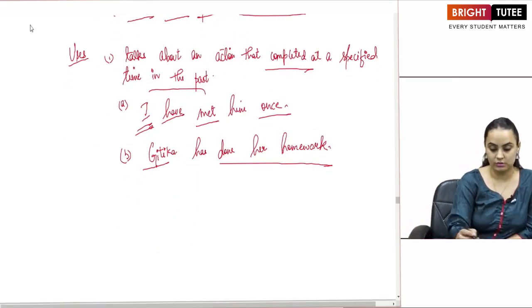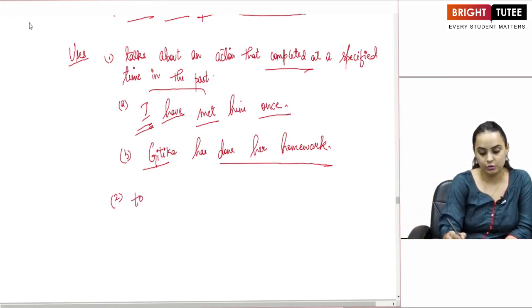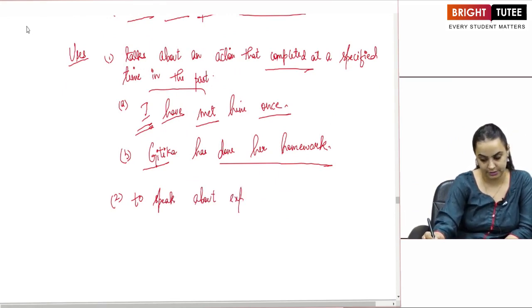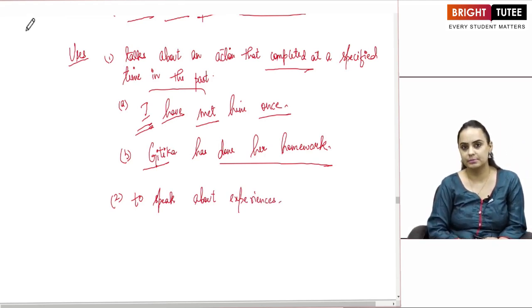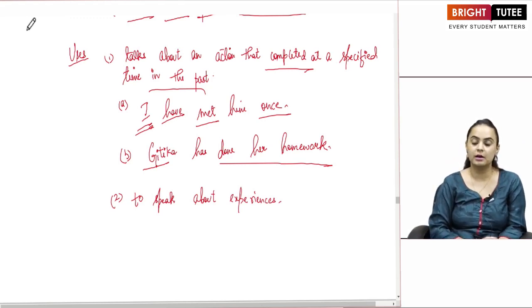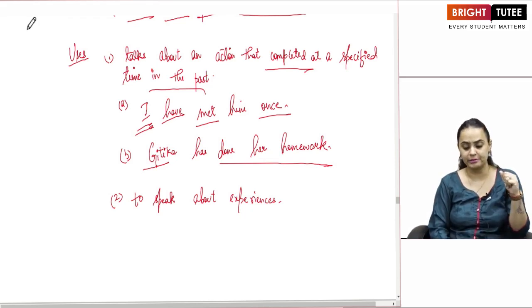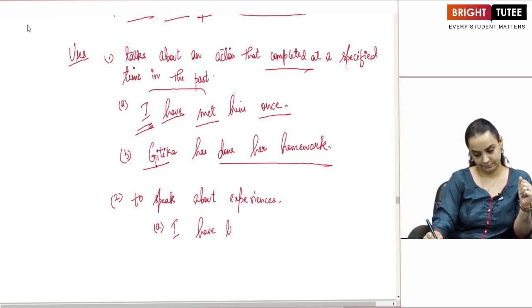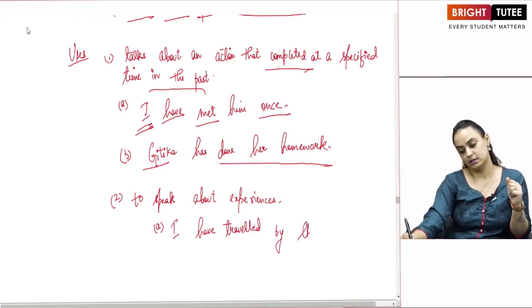The second use of the present perfect tense is, it is used to speak about experiences. So if you are talking about some experiences, for that also we use the present perfect tense. For example, if I say, I have traveled by the metro.